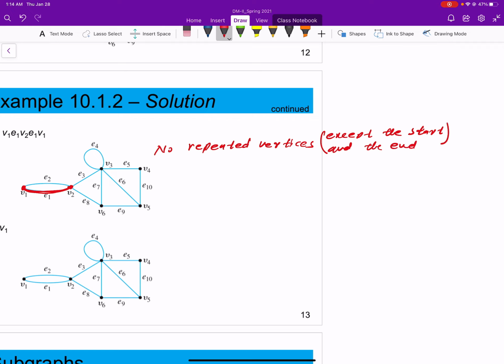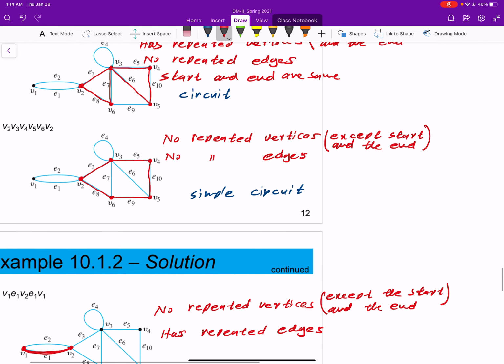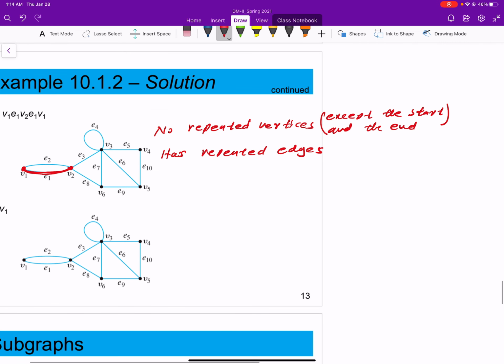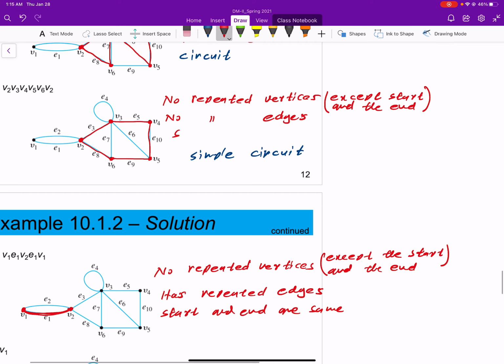Okay, and it has repeated edges. And the other thing is start and end at the same place. Start and end are same. Actually here also I have to write it. Start and end are same.